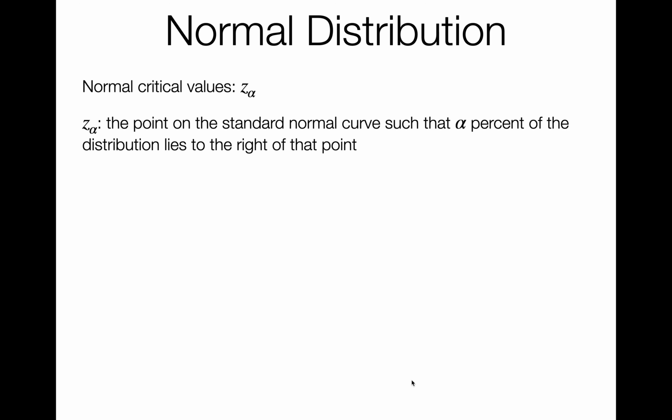And so a normal critical value is this point z with a subscript of alpha. And what z sub alpha means is it's the point on the standard normal curve such that alpha percent of the distribution lies to the right of that point.